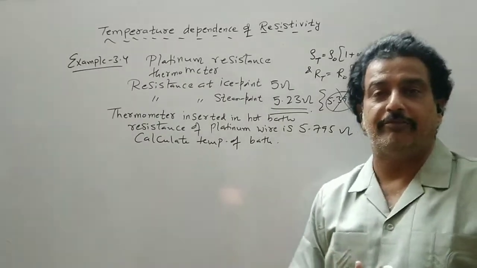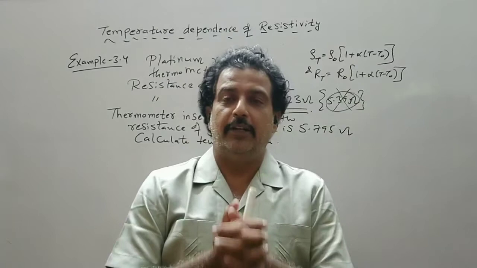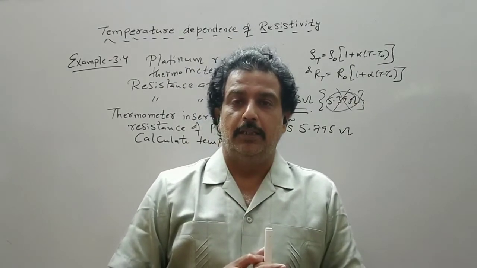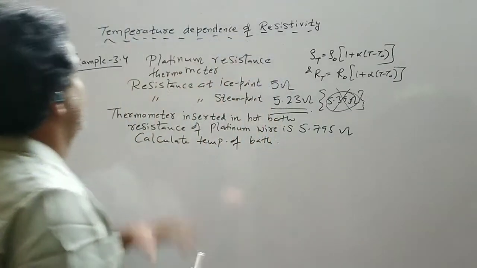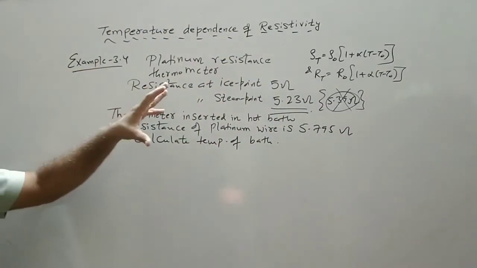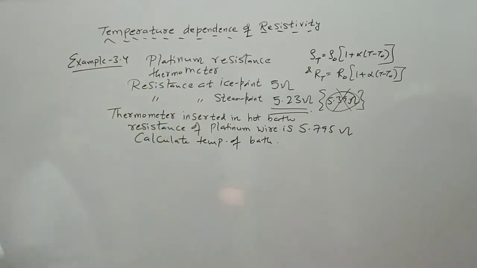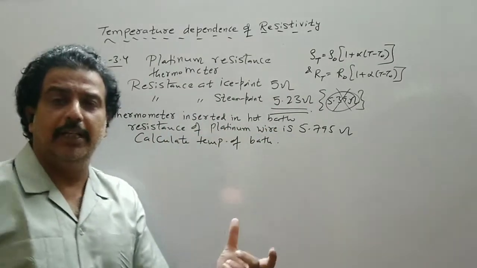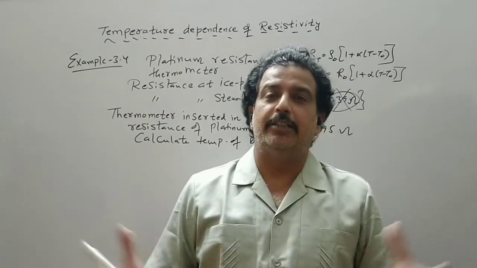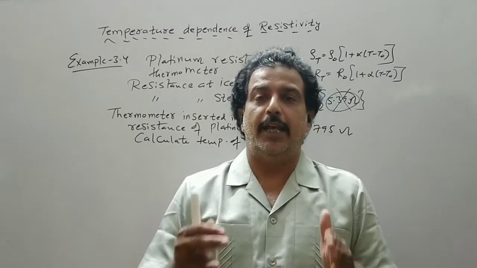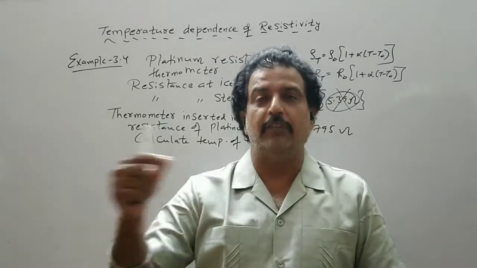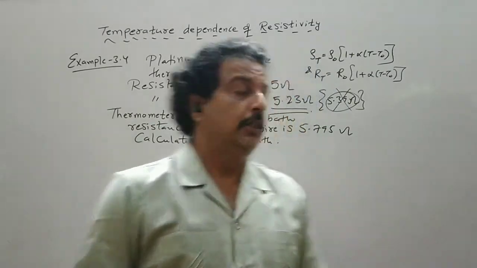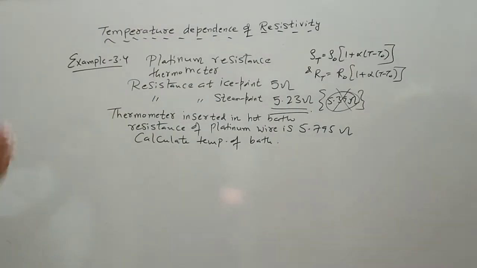As the temperature of the water changes, this thermometer can measure the temperature of that fluid. So a hot bath is simply an arrangement where different fluids are used and its value is determined at different temperatures. So we can find out the resistance of any fluid using this platinum thermometer.